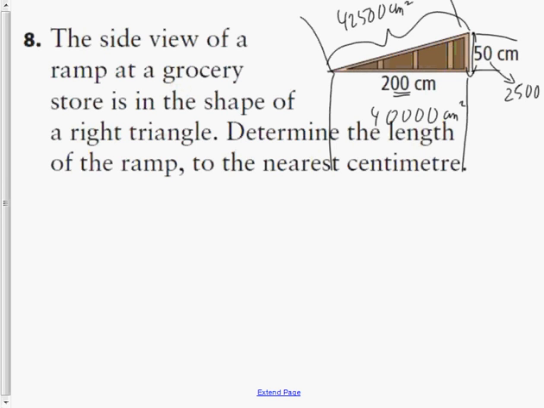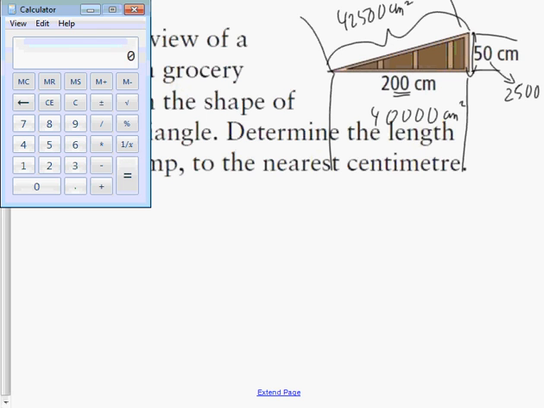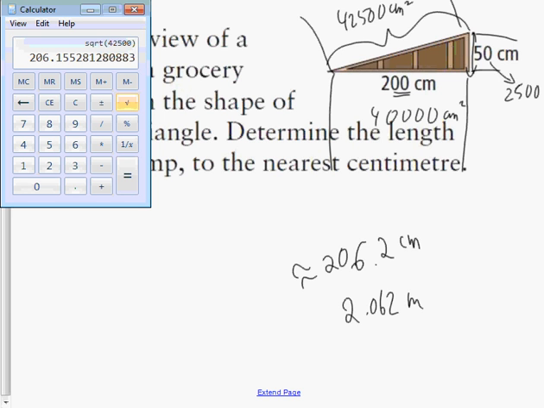And therefore, the length of the ramp is the square root of 42,500, which is approximately 206.2 centimeters in length, or 2.062 meters, or 2 meters and 62 millimeters, if you want to get really precise.